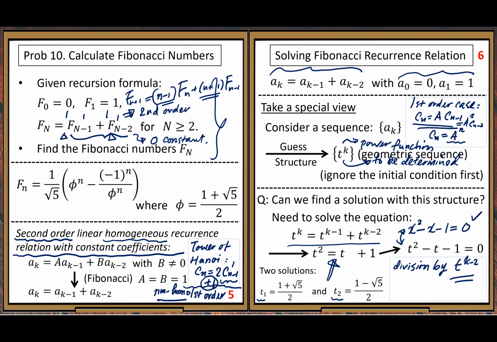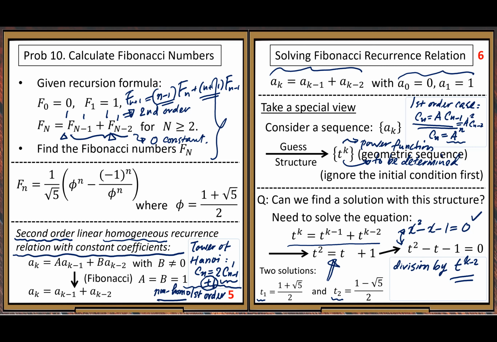Actually, we found the same two solutions when we tried to find the golden ratio. Because of the definition of the golden ratio, a ratio of the lengths of two line segments, it must be positive, so we dropped the negative solution. That's the golden ratio story.